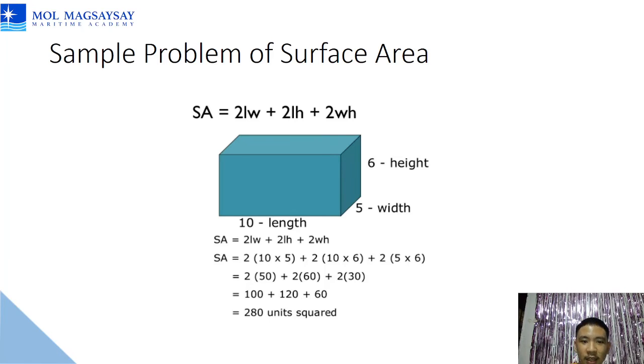So 10 times 5 is 50, 10 times 6 is equal to 60, and 5 times 6 is equal to 30. So 2 times 50 equals 100, 2 times 60 is equal to 120, and 2 times 30 is equal to 60. If we combine all of these three, 100 plus 120 plus 60, we would come up to 280 units squared.